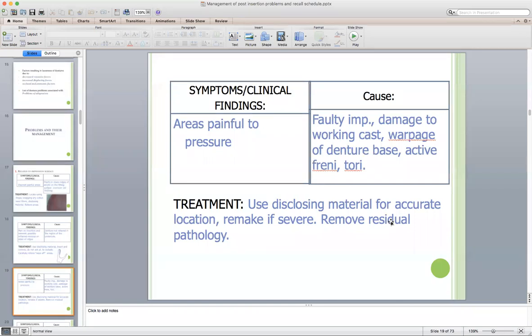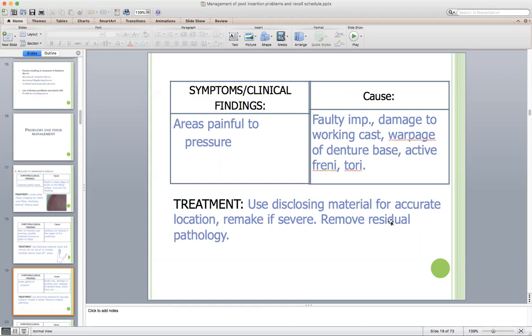There can be damage to the working cast, warpage of the denture base, and active freni or tori. If active frenum or tori are there, it may lead to pain on pressure.